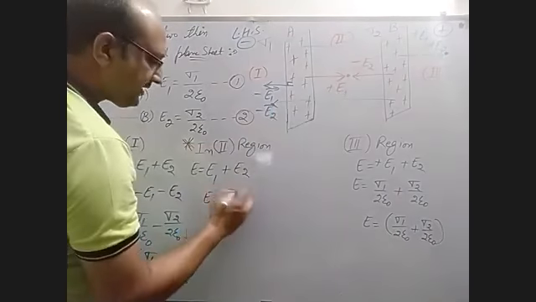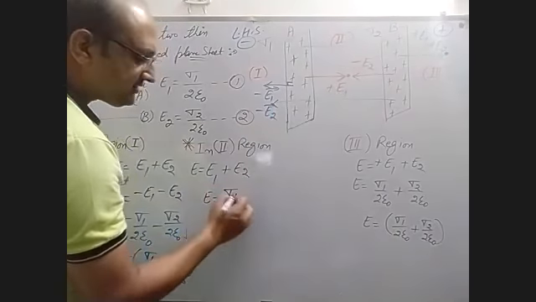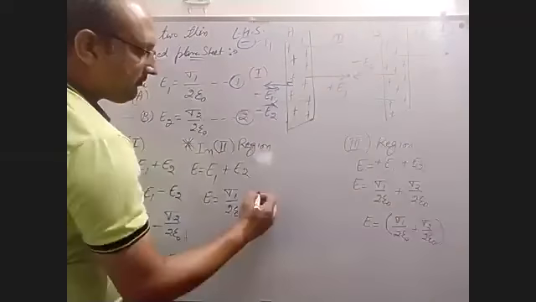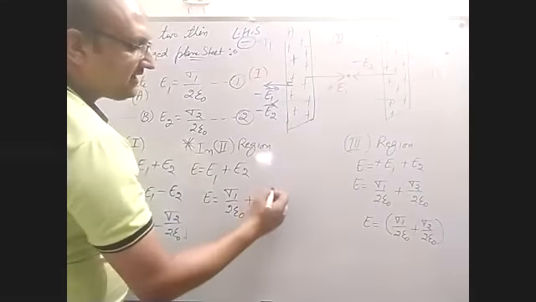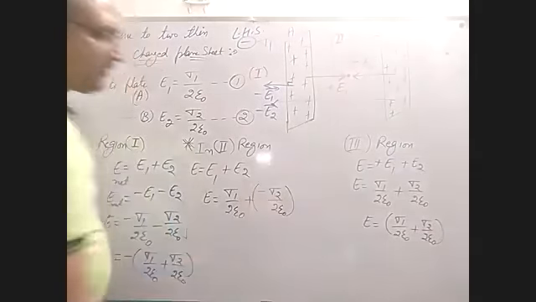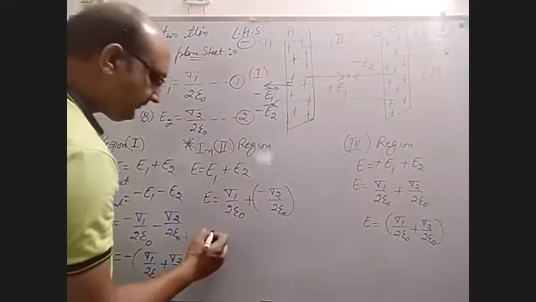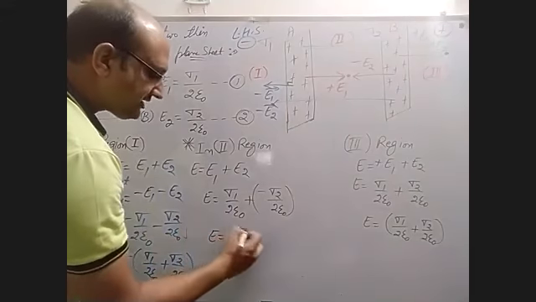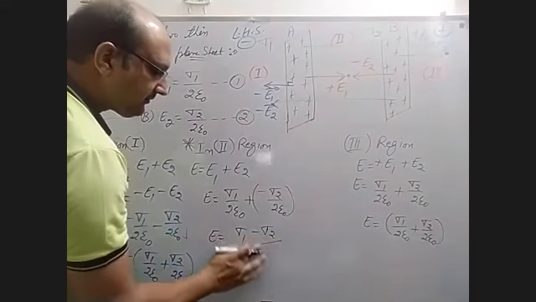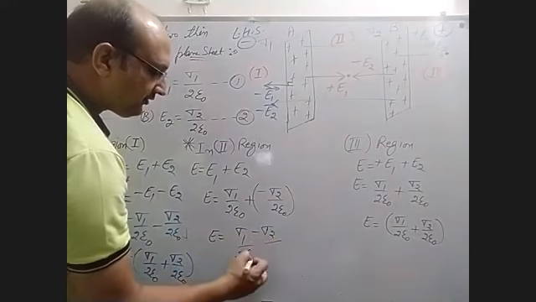Positive sigma 1 upon 2 epsilon naught, plus what is the value of E2? Minus. With minus sign, we have to take this value. Okay. Now, E is equal to sigma 1 minus sigma 2 upon 2 epsilon naught.